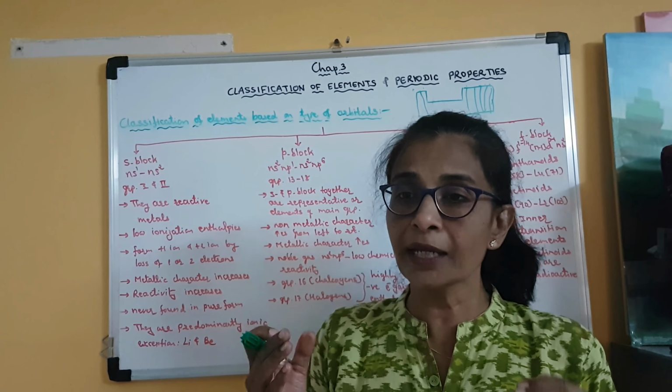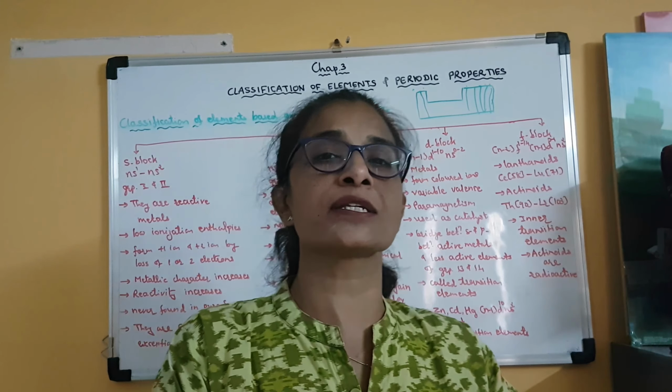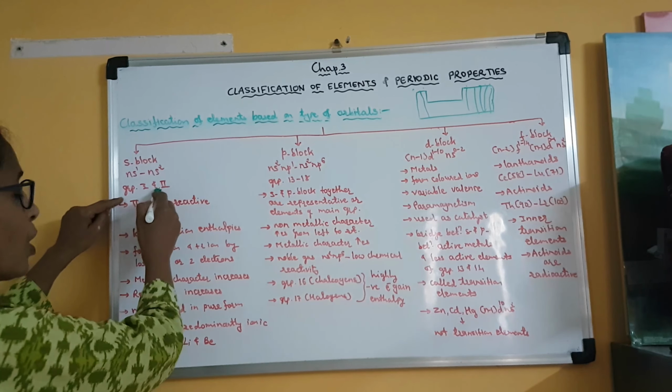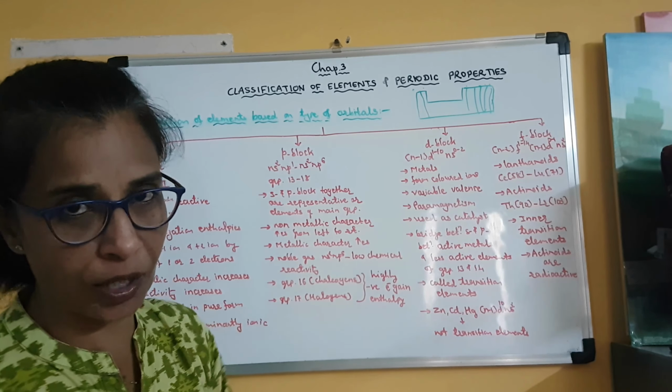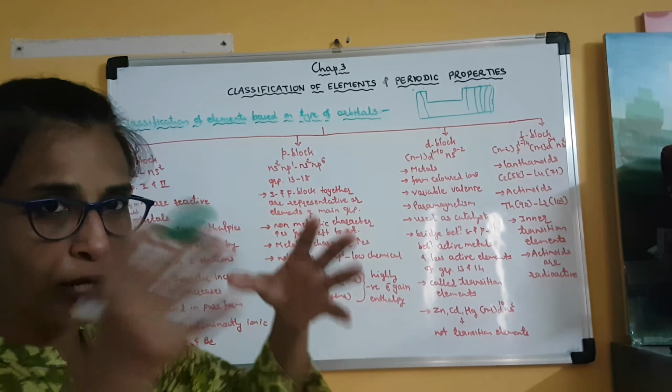Second period, in which the first element is lithium and the last element is neon. So from lithium to neon. In these elements, lithium and beryllium are s block elements, and the remaining from boron to neon are p block elements. So s and p block elements together are known as representative elements because they represent the properties of the other elements of their own group.